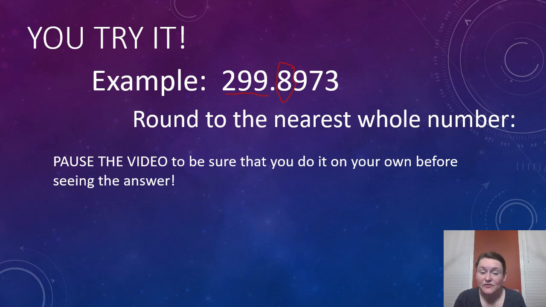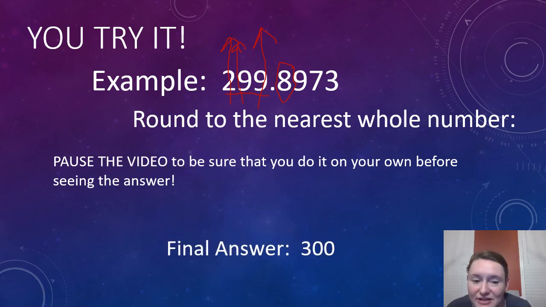Since 8 is bigger than 5, this 9 needs to round up. Well, we can't round a 9 up. It would round to 10, which forces this 9 to also round up, which forces this 2 to round up as well. So 300 is the answer, rounding this to the nearest whole number.